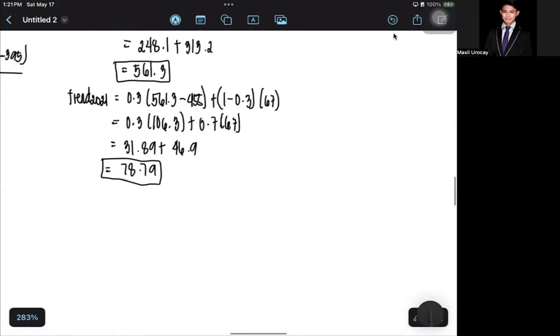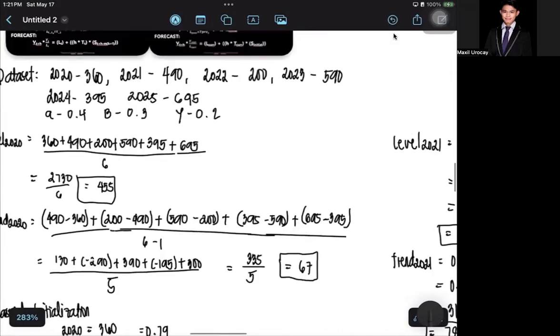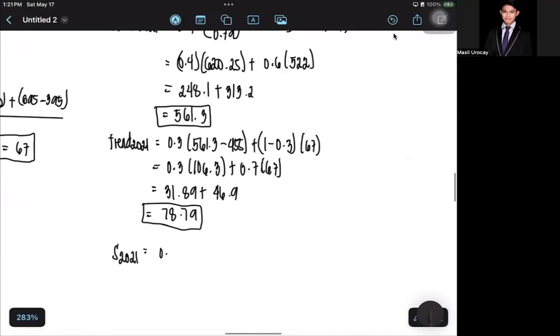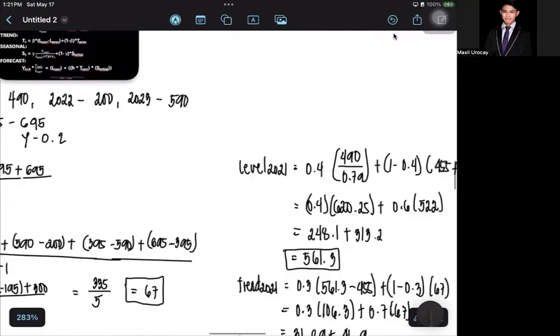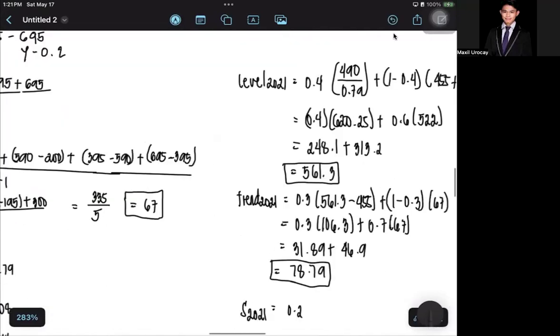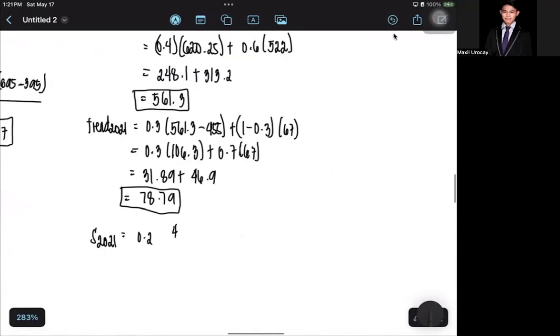Then your seasonality, your S2021, that is the gamma, and your gamma is actually 0.2. And 0.2 times the y of t. What is the value of 2021? That is 490. 490 over the previous level that you do have.